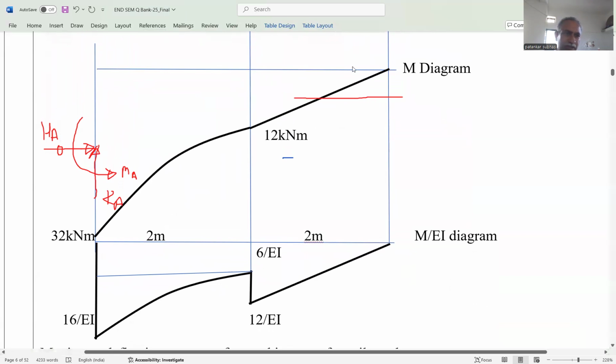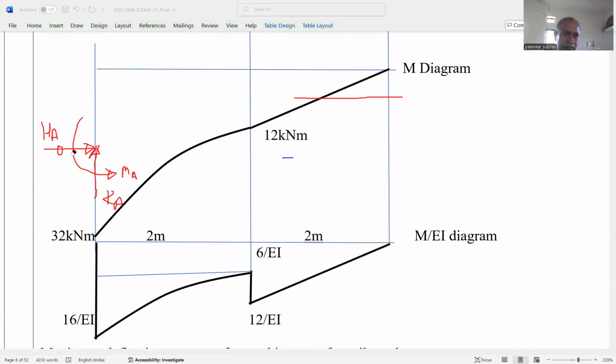So this M by EI diagram is used to find out the slope and deflection using the moment area method. As I told you, for a cantilever beam, you can use Macaulay's method, that is the double integration method, or moment area method, or conjugate beam method.